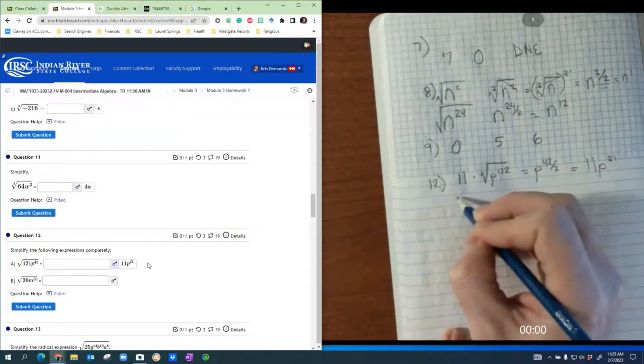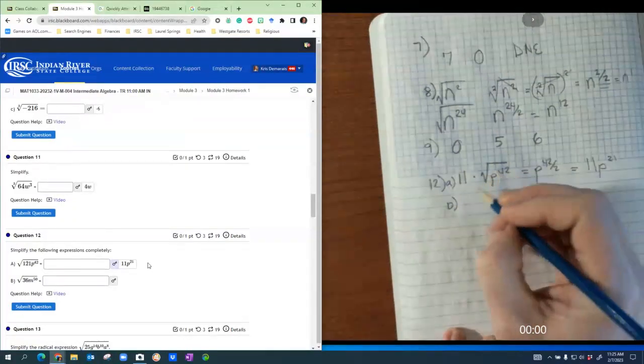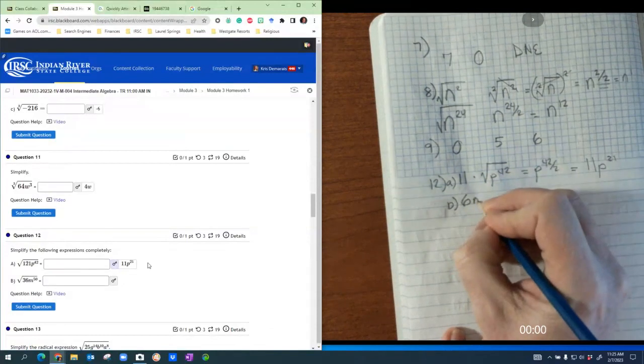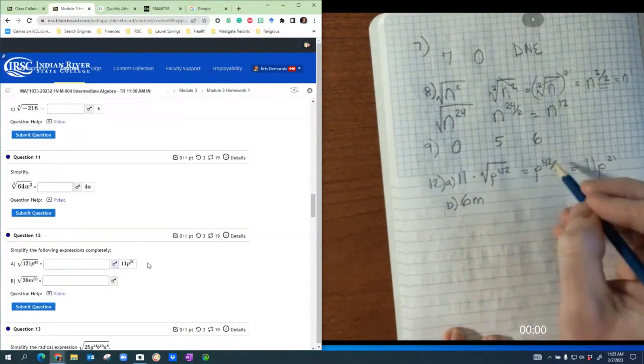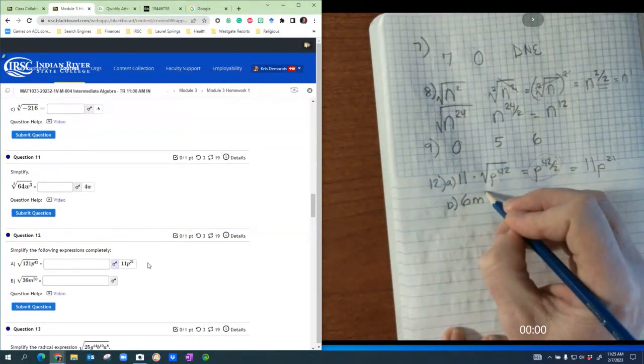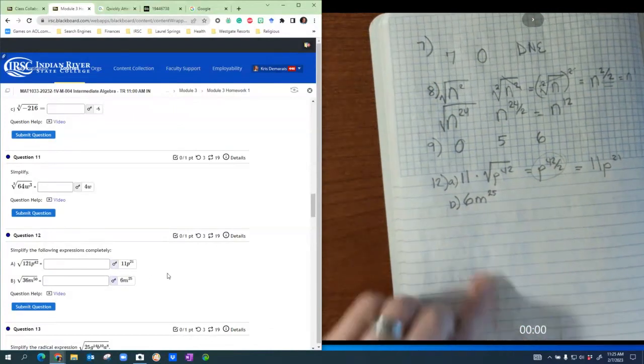Now, for the next part, that was A, this is B. All right, we have the square root of 36 is 6, and then we can do it mentally now, because I don't have to write it all down like this. This is just for me for teaching you purposes, but 50 divided by 2 is going to give us 25. So we have our answer.